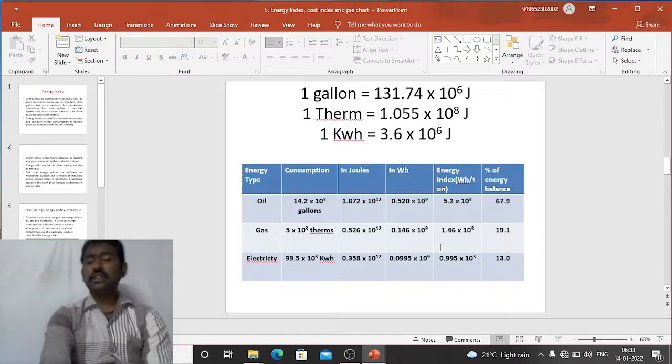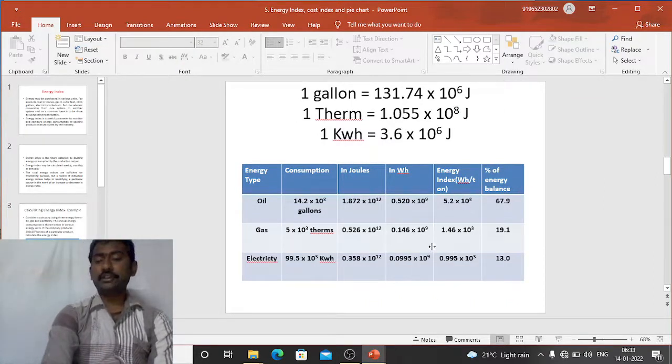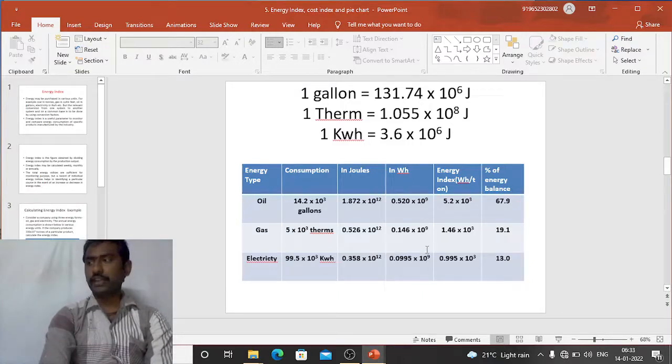Similarly, 0.146 into 10 to the power of 9 divided by 100 into 10 cube for gas, and 0.0995 into 10 to the power of 9 divided by 100 into 10 cube for electricity. So we get the energy indices for the individual components: the oil energy index, gas energy index and electricity energy index.